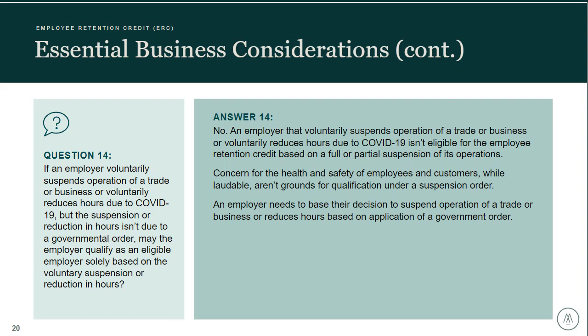Yeah, interesting one. I hate to say this, but I think it depends. We'd want to look at whether that was the landlord just being cautious and wanting to limit people in the building, or whether there was actually a government order they were relying on. We could go back to the landlord and research the government orders that might have been in place to make that determination. Again, we'd want to tie it to a specific government order, and it might depend on the specific facts.